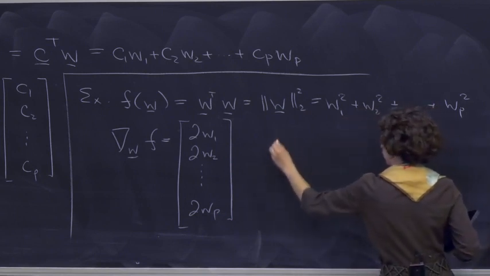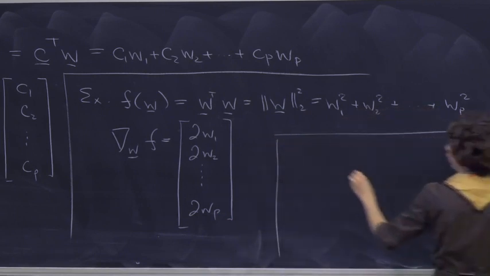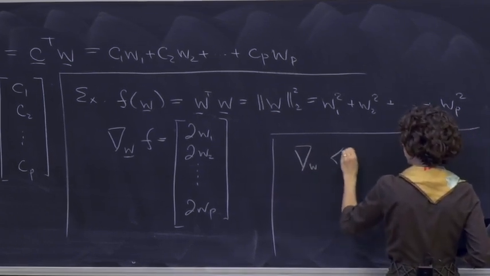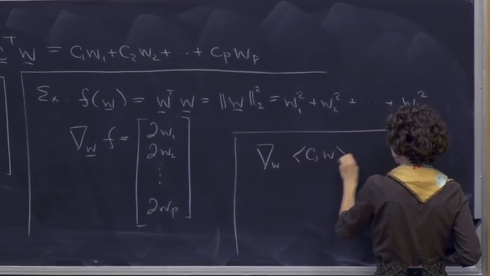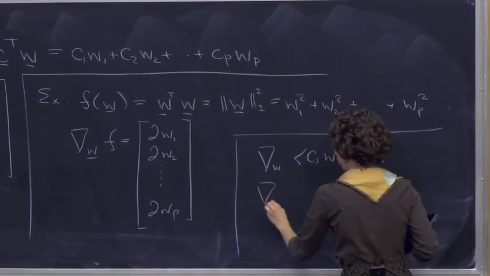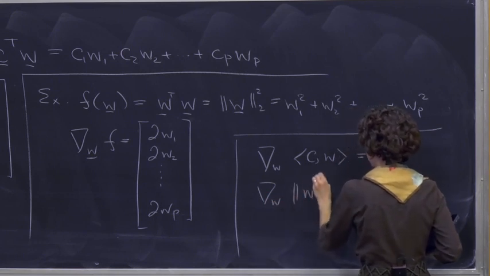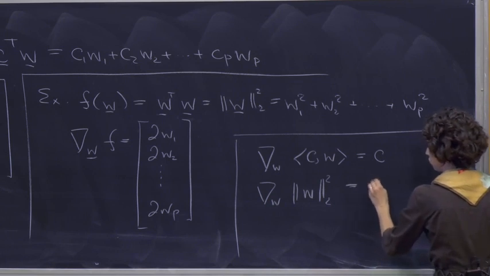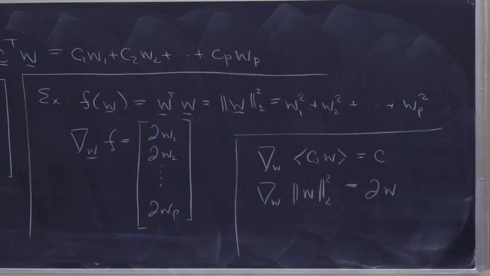So, summary so far, the gradient with respect to w of the inner product of c and w is simply c. And the gradient with respect to w of the 2 norm squared of w is simply equal to 2 times w.